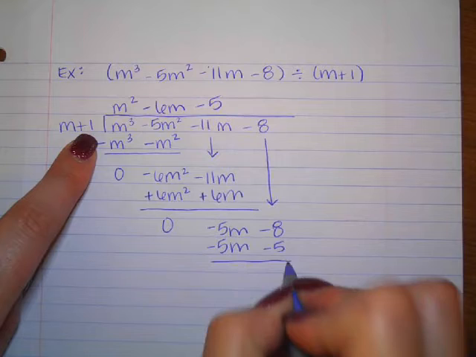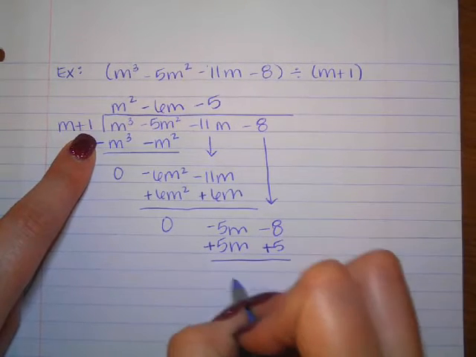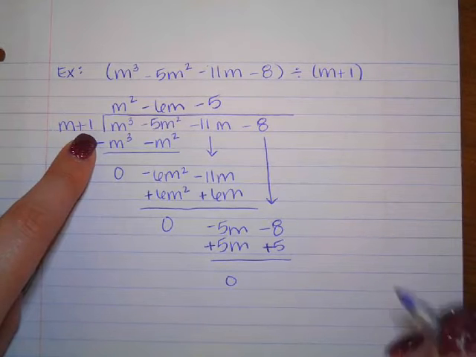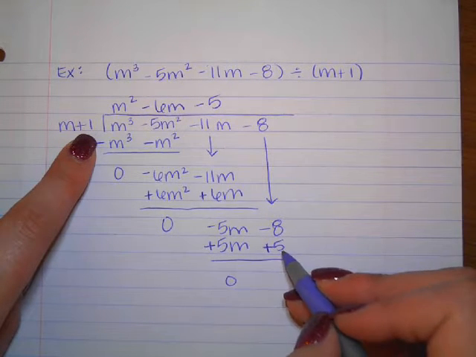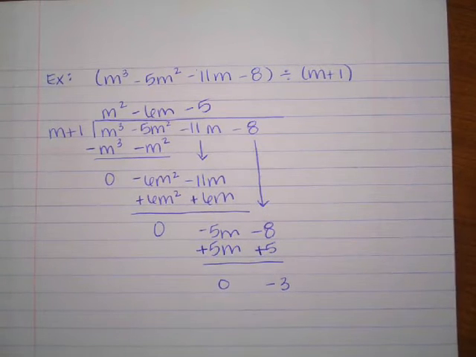I draw the line, I change the signs. I get 0 for the first two, that tells me I'm on the right track. And then what do I get for the second two? Negative 3. And I'm done, so I have to write my remainder as a fraction.